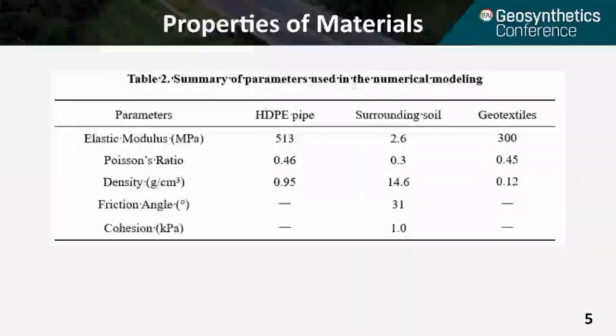That's why we have these properties for the surrounding soils. For the geotextiles, the model test is at a reduced scale, so we use a lower modulus for the geotextile. The Poisson's ratio and the density are normal, based on the database provided by the manufacturer.